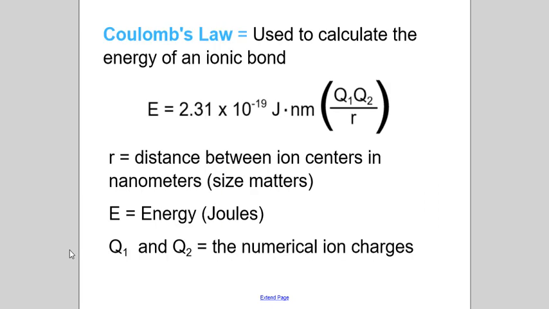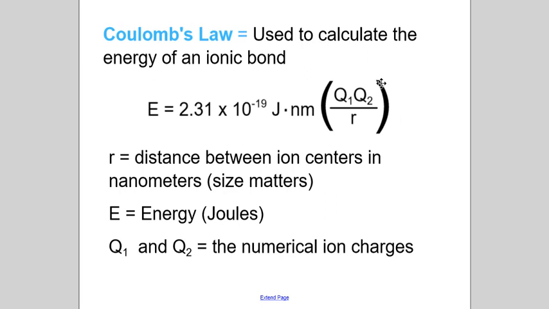All right, so Coulomb's law. It's used to calculate the energy of an ionic bond. So we have E, energy, is equal to this constant, 2.31 times 10 to the -19th joules times nanometers, so that's the distance factor.